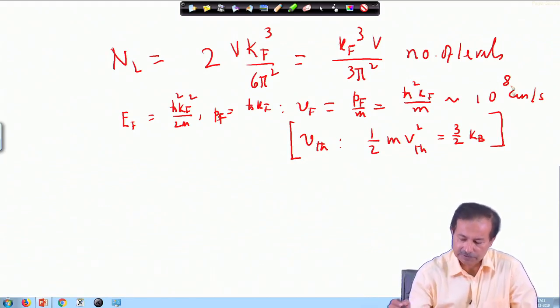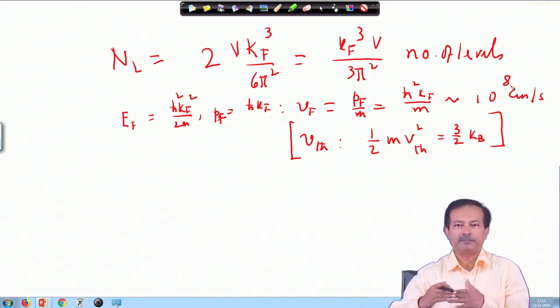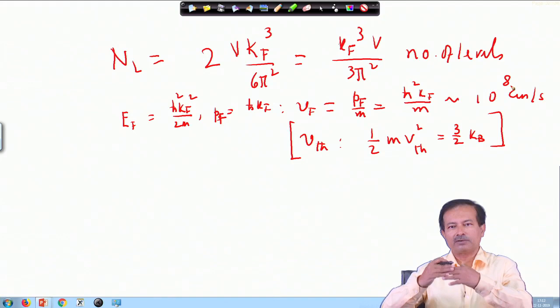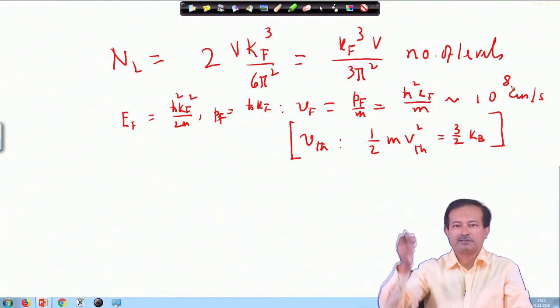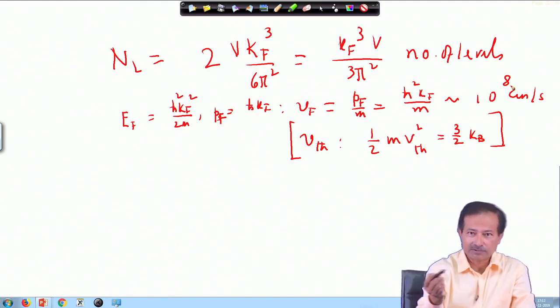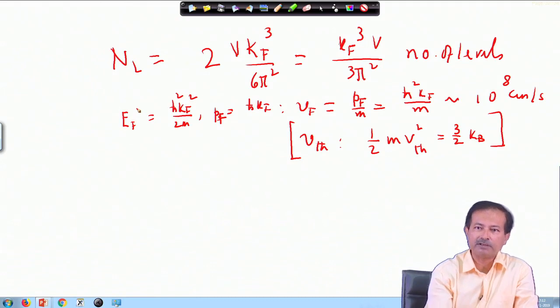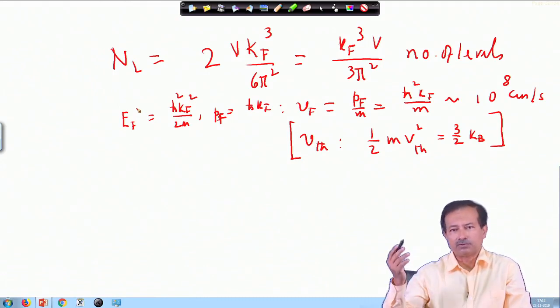So, this velocity is very large, and simply because you have to fill up states from the bottom and you can't put more than 2 electrons at the lowest energy level, lowest at any k value, and so you have to go on up in momentum states, and their energies are going up. And you actually can see that if you calculate this E f in a typical metal, it can be anywhere between half an electron volt to 15 electron volt. It is so large.